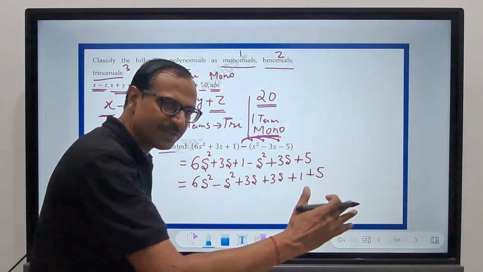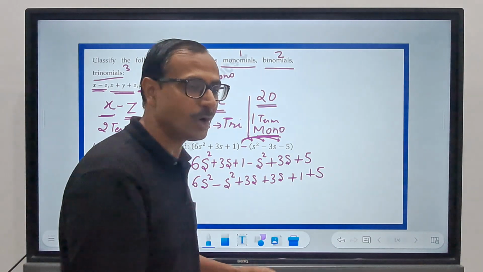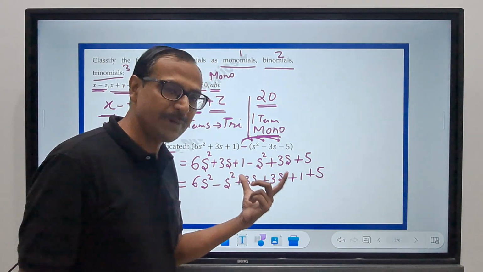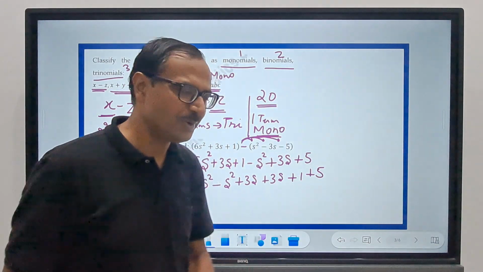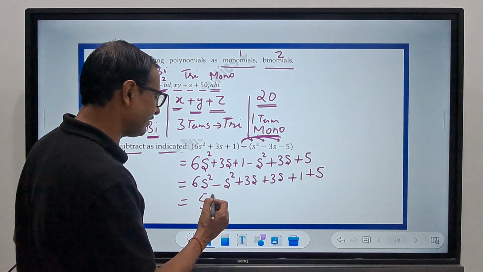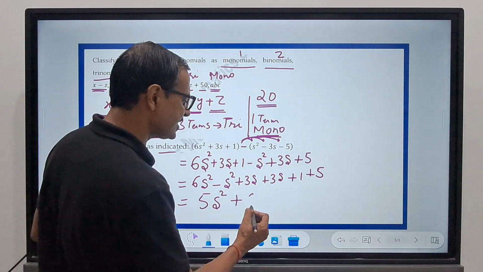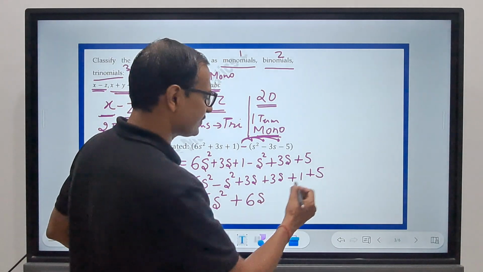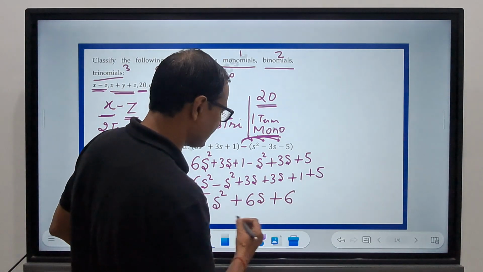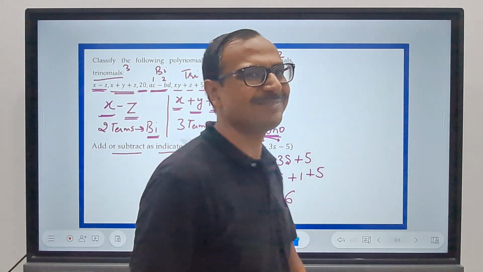I have just shuffled the terms and I have written like terms together because only the like terms can be added or subtracted. Okay, so 6s square minus s square is 5s square, 3s plus 3s is 6s, and 1 plus 5 is 6, which gives us the simplified version of this particular question.